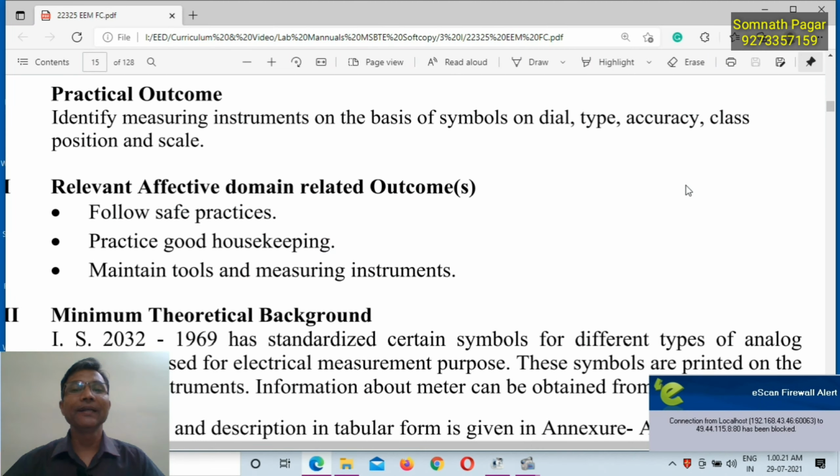By studying these symbols, you will be able to identify measuring instruments on the basis of symbols on the dial: type, accuracy, class, position and scale. You should always follow safe practices, practice good housekeeping and maintain tools and measuring instruments properly.